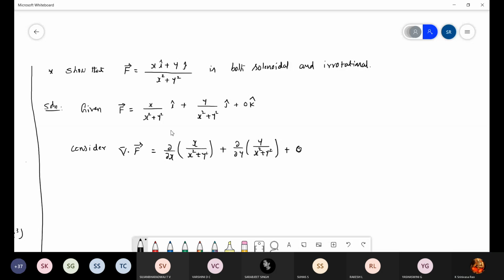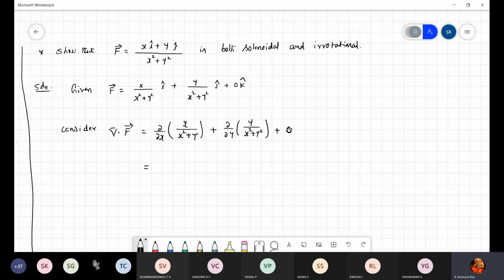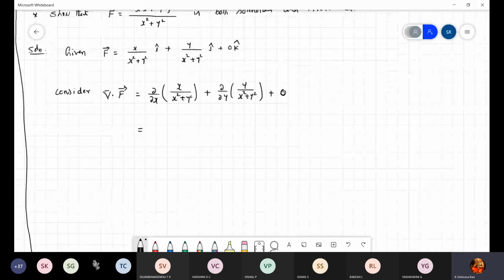Now, how to differentiate this one? Anyone? Partial. Observe carefully.